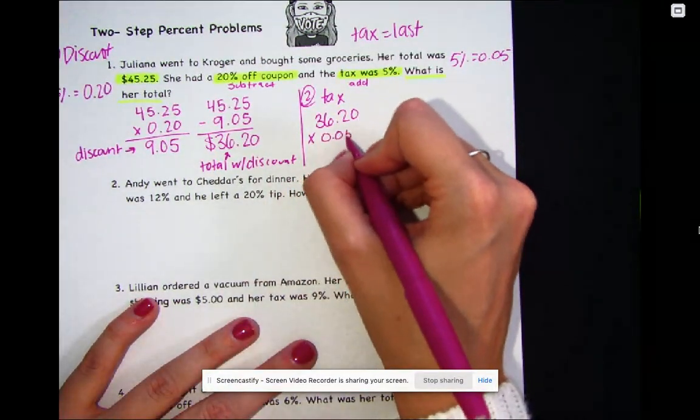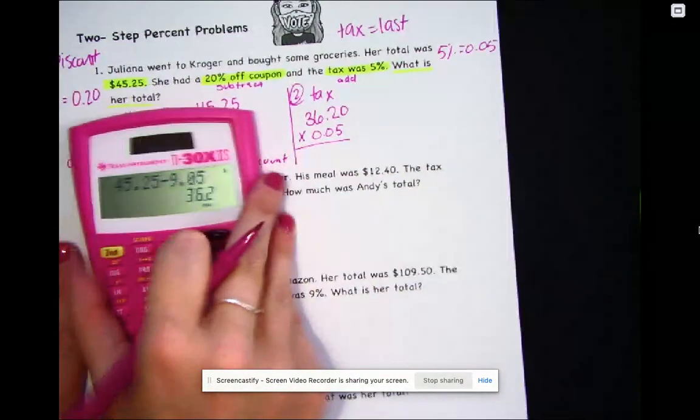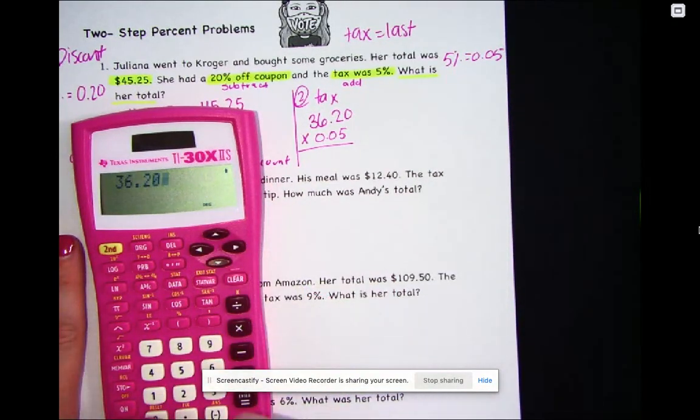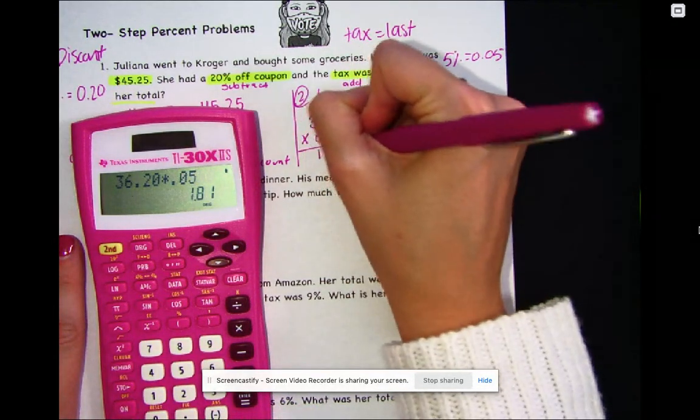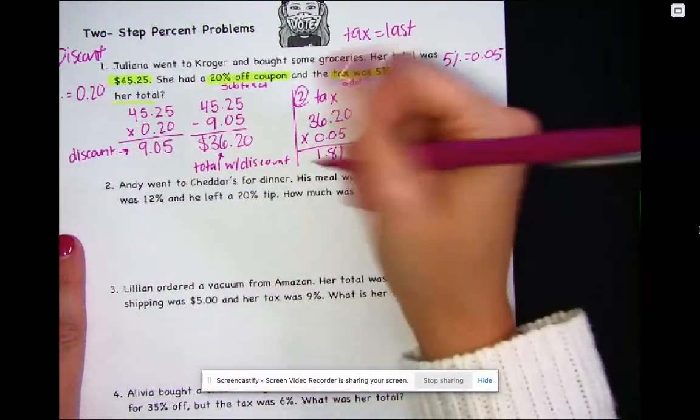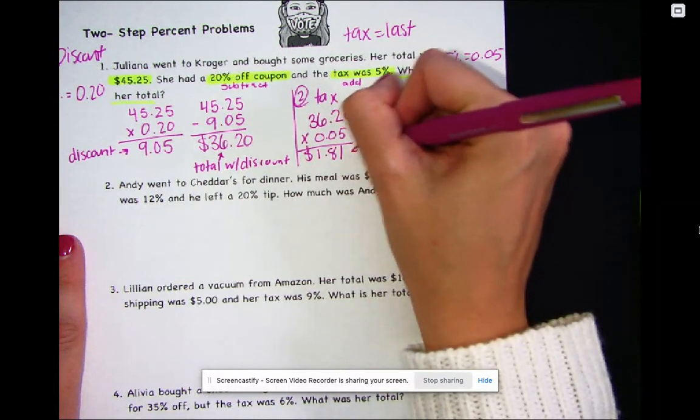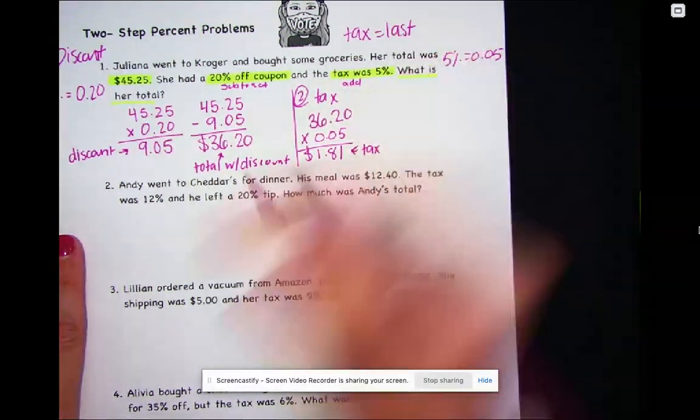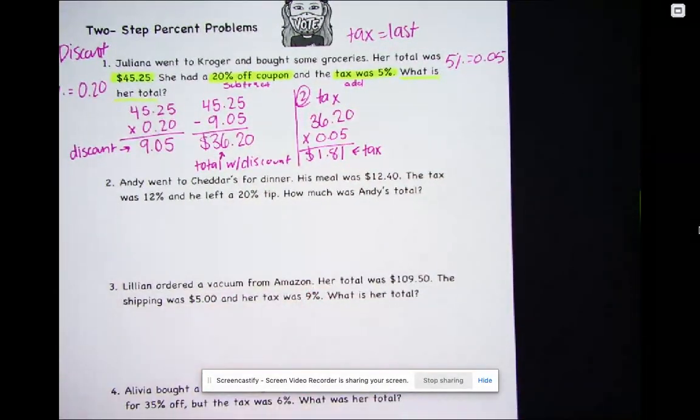So I'm going to come over here and get my calculator out and do 36.20 times that 5% as a decimal, and I get $1.81. Now, that $1.81 represents how much tax Juliana has to pay. Now, that's not her total. That's just the amount of tax that she's going to pay.